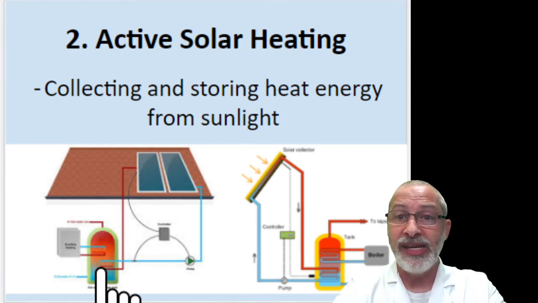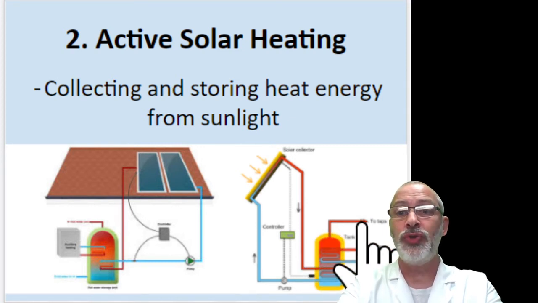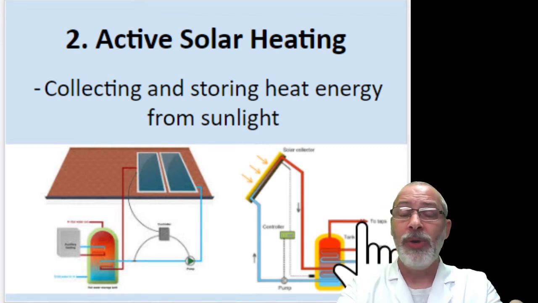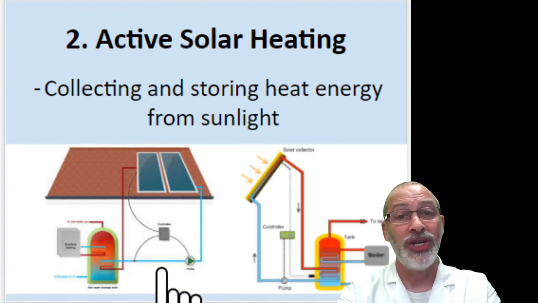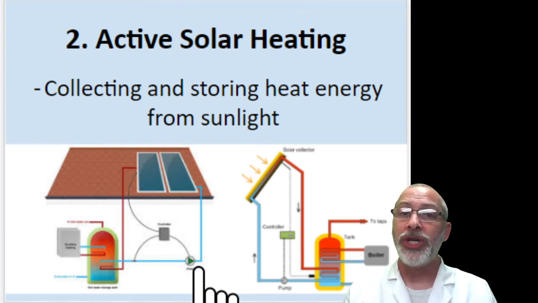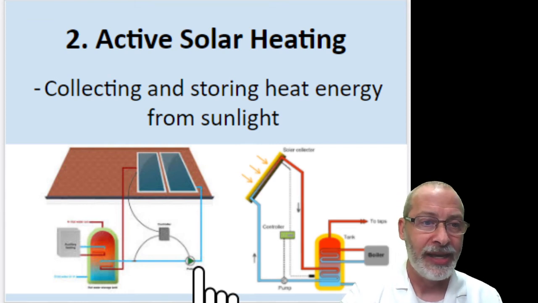And if that heat energy from this unit can then be piped into the house through a heating unit, well, you can save a lot of energy based on taking advantage of this type of collection and storage unit, which is called active solar heating.